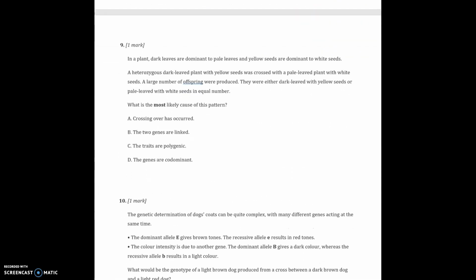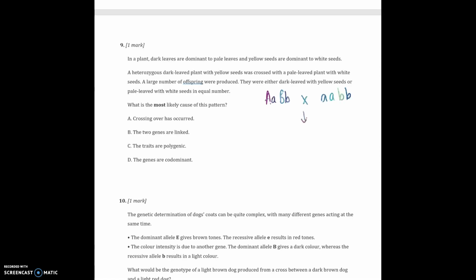In question 9, this is obviously a situation where you have dihybrid inheritance, but what it's saying here is we've got a heterozygous dark leaf plant with yellow seeds crossing with a pale leaf plant with white seeds. So in that instance, we're essentially looking at big A, little a, big B, little b, crossed with little a, little a, little b, little b.